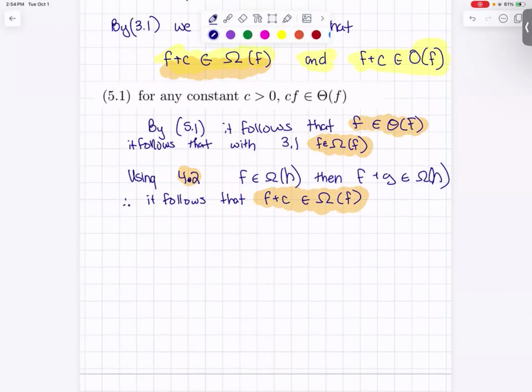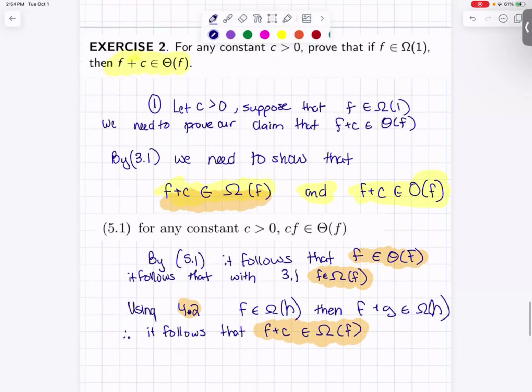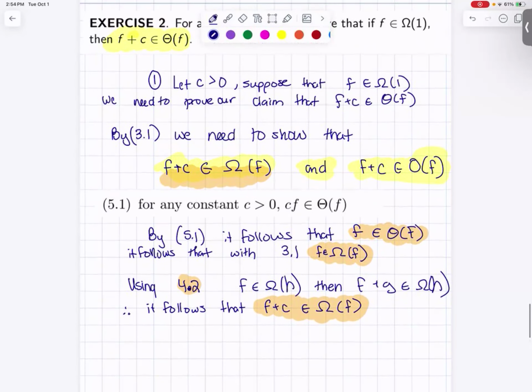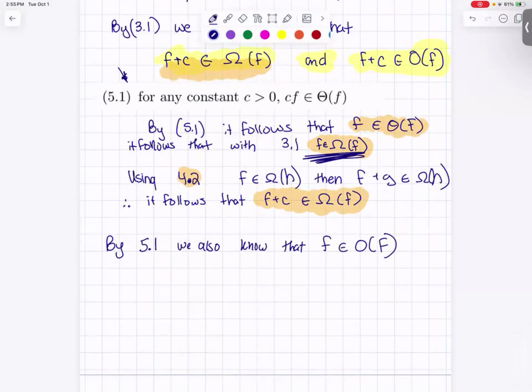We now need to look at the other side, that f plus c is going to be in big O of f. As we previously noted, right up here, by 5.1, we also know that f is in big O of f. So here we said that we knew it was going to be in big omega, but we also know it's going to be in big O of f.